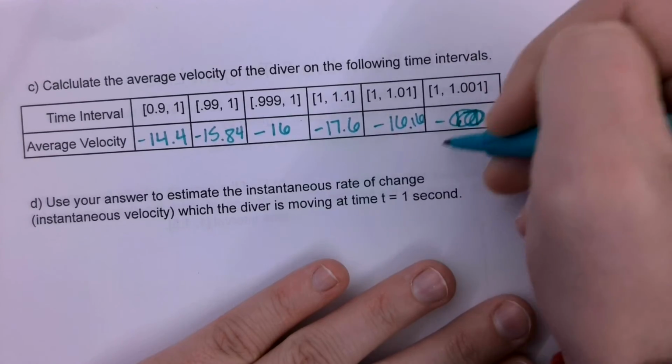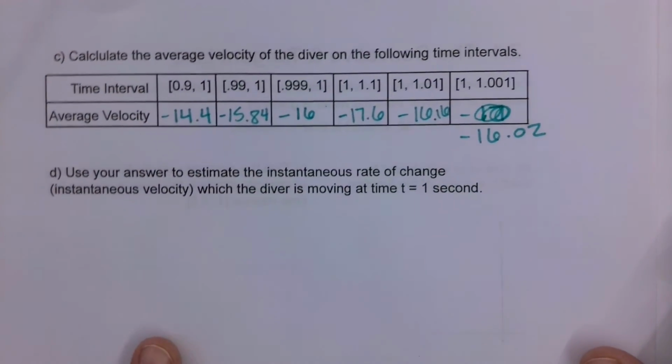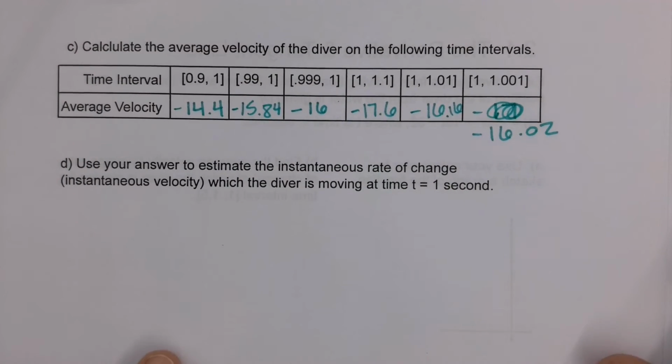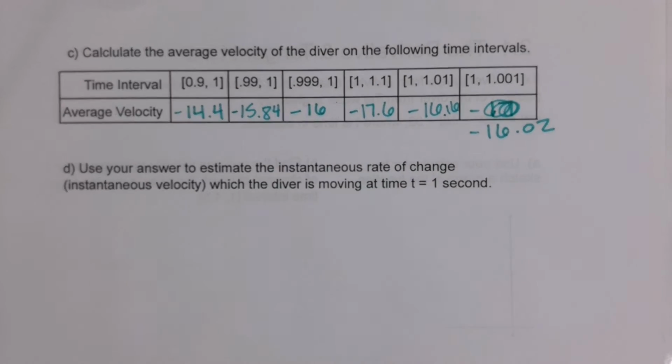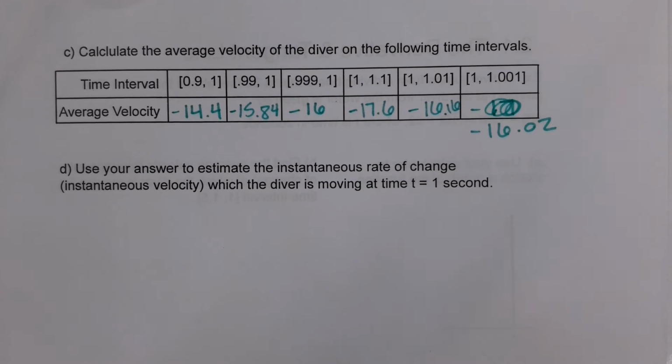Sorry, this is like a negative 16.02. It's really close to negative 16. I think it's just a rounding thing. You're fine. Okay, so let's look at what's happening here.